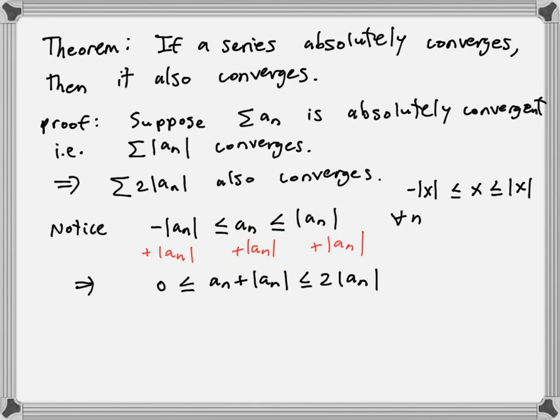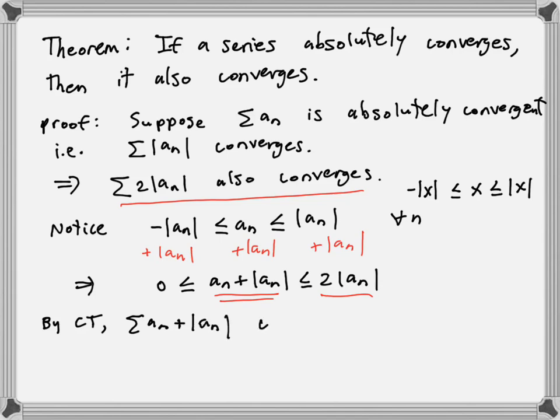Well, remember, we have above that this guy converges, which means this guy converges, which means by the comparison test, this guy also must converge, and that's what we need. So by the comparison test, this series converges.